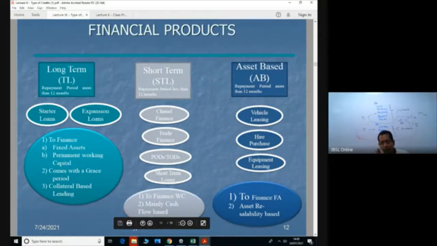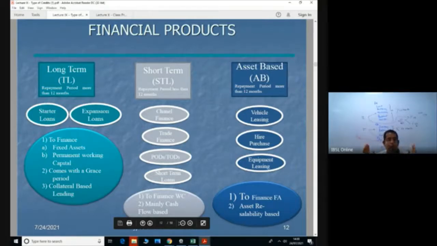Grace period is the term used when the loan capital is not paid and only the interest is paid. The word moratorium is used when both interest and capital will not be paid to the bank for a certain period.